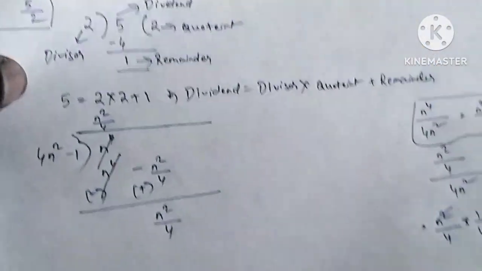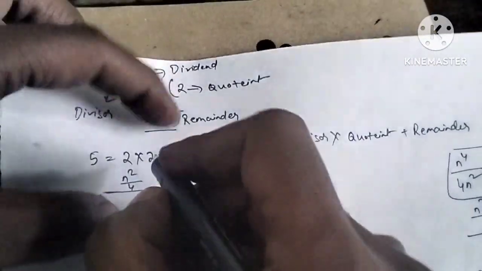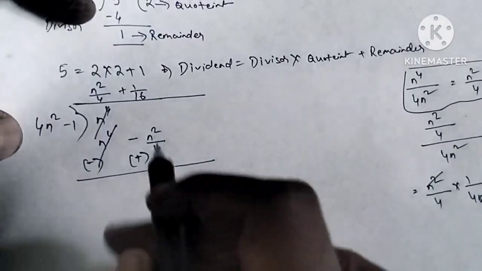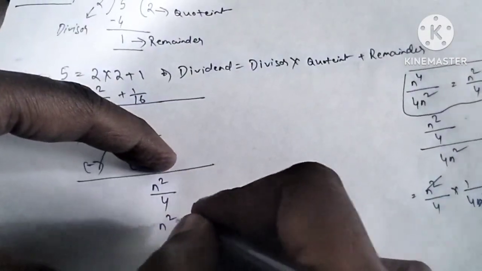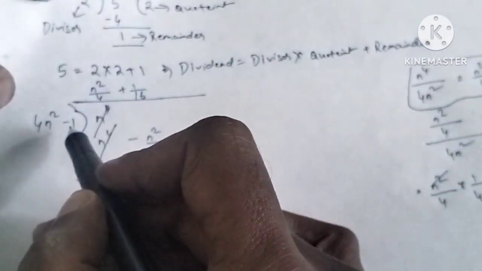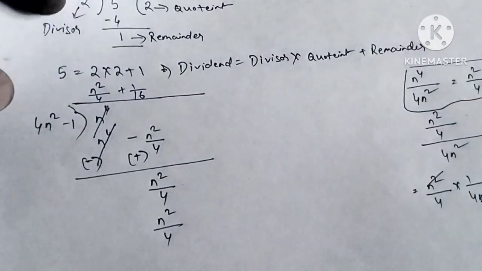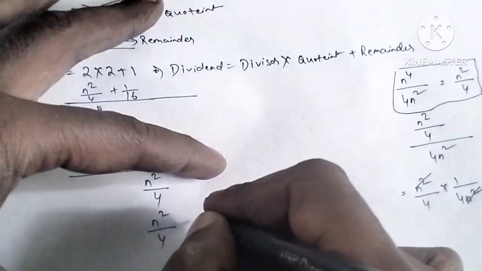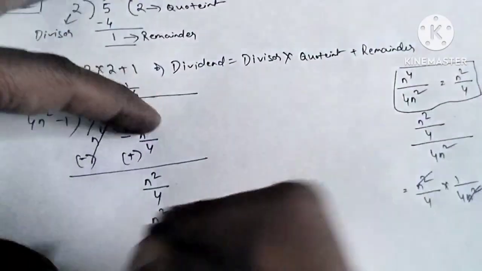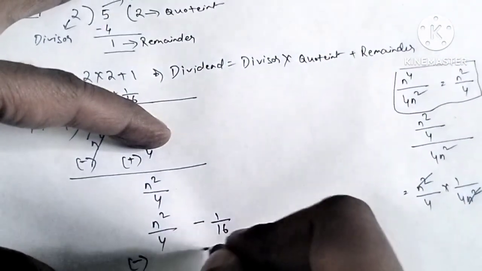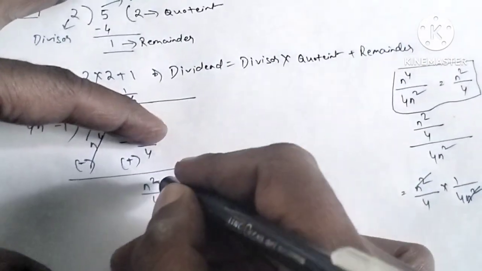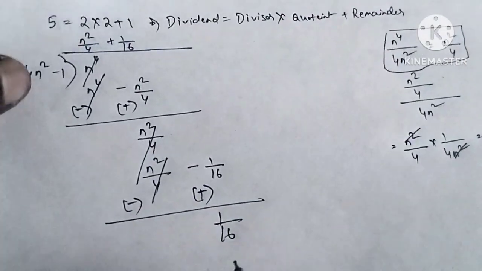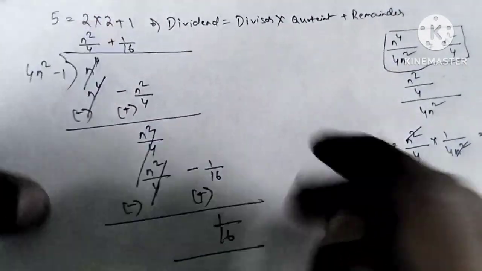So it will be plus 1 by 16 is equal to n square by 4. Now again we have to multiply minus 1 with plus 1 by 16, it will be minus 1 by 16. Now if we subtract, minus becomes plus. This will cancel each other, plus 1 by 16. So this can't be divided further. So this is the remainder.